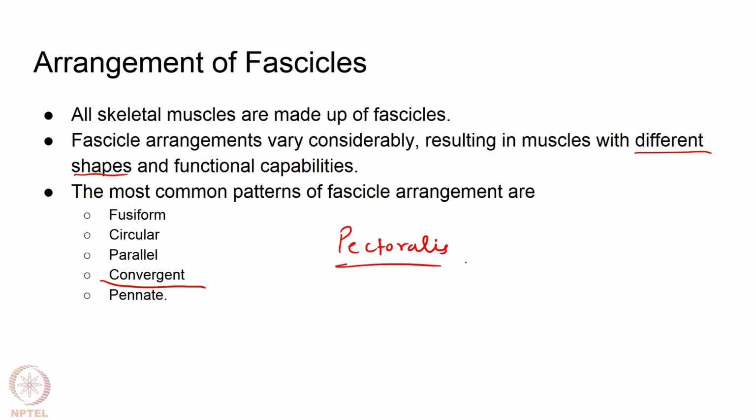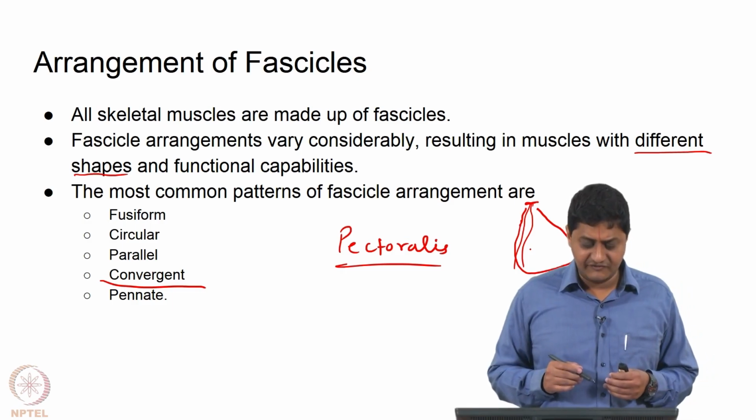It is a convergent, or triangular, muscle. One part of the muscle is broad whereas the other part is thin. So, this length is different from this length. See the chest muscle, this is the architecture, the fibers are running like this. These types of muscles are called convergent muscles.